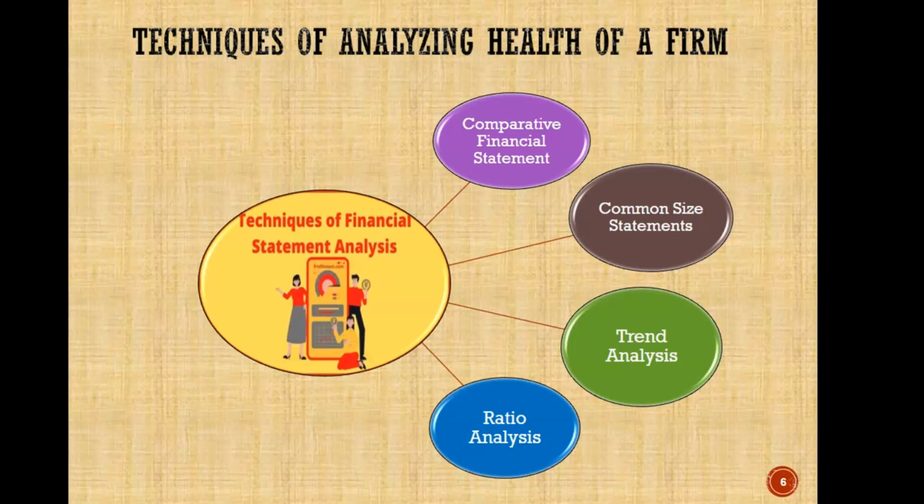One can use comparative financial statement, common size statement, trend analysis, and finally ratio analysis. These are the four very important techniques used to analyze the financial performance and financial position of the organization.